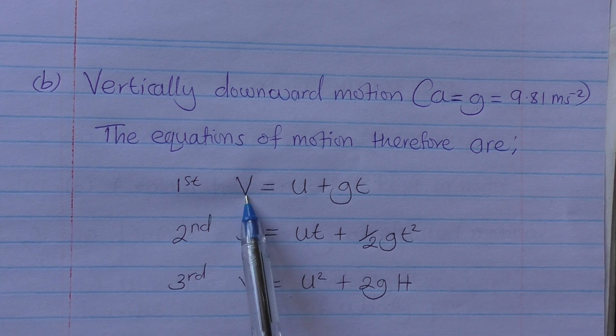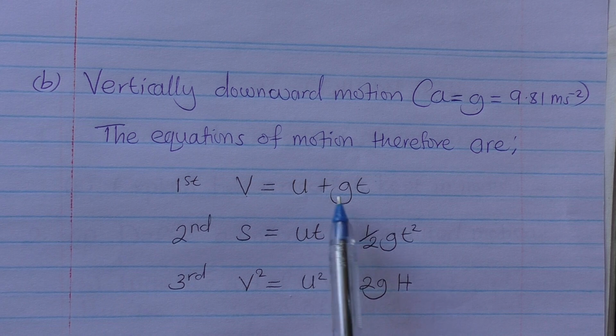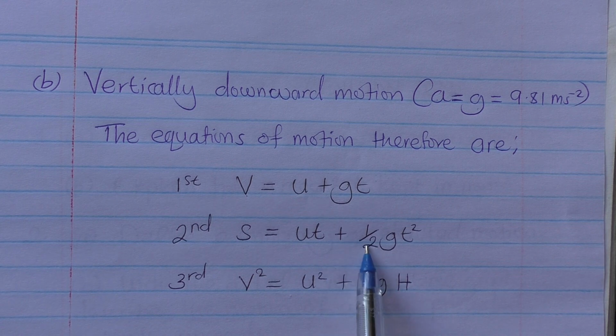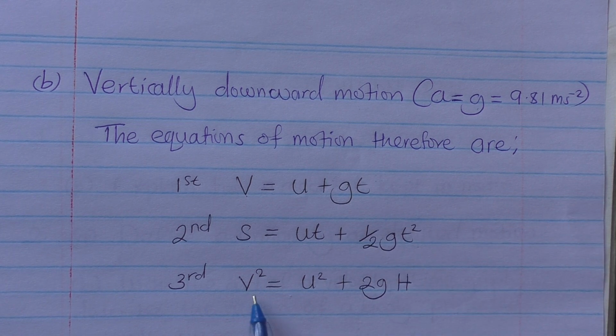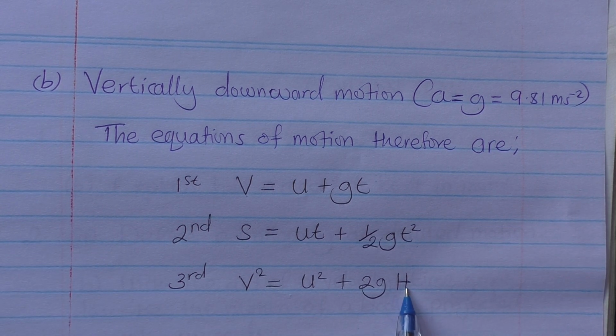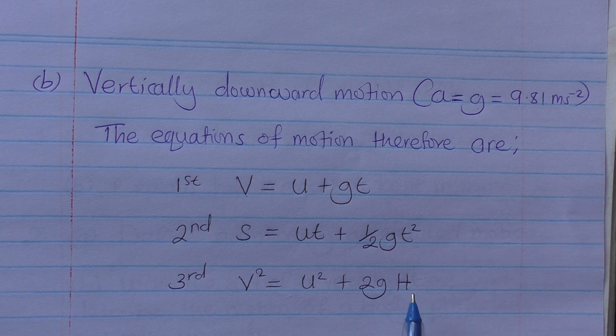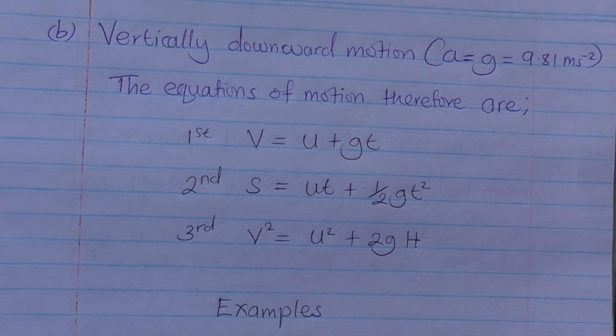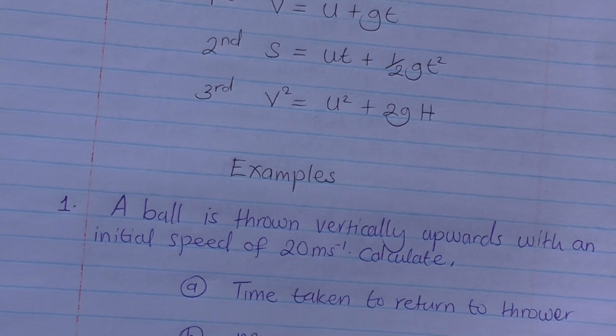Therefore, the first one becomes v equals u plus gt. The second one becomes s equals ut plus a half gt squared. And the third one becomes v squared equals u squared plus 2gh, where still h is the maximum height reached. So on this, we have examples.